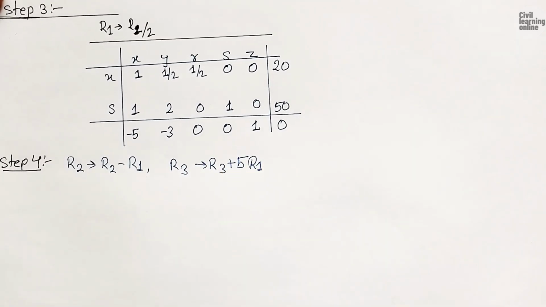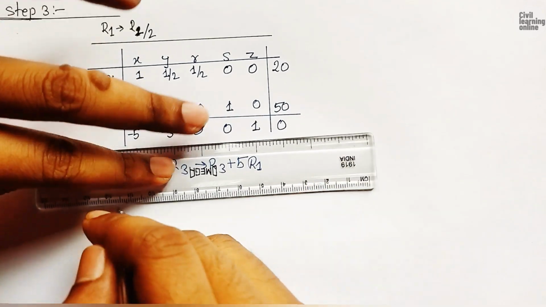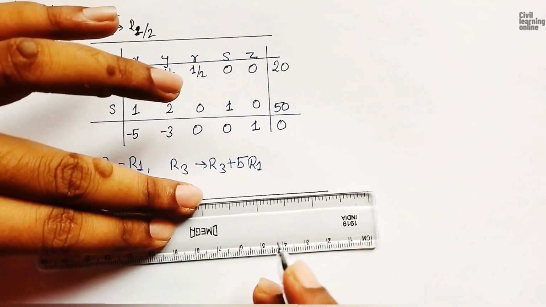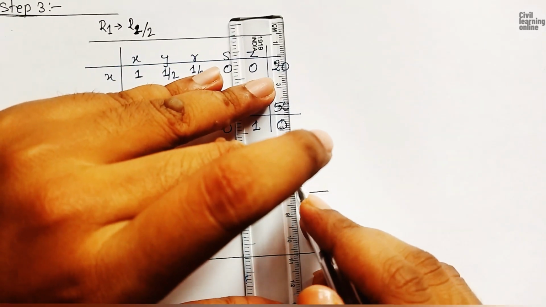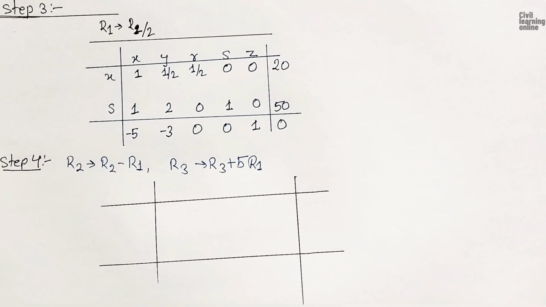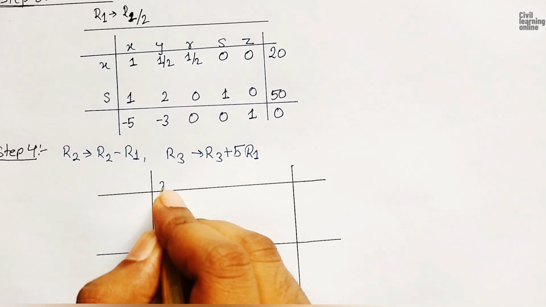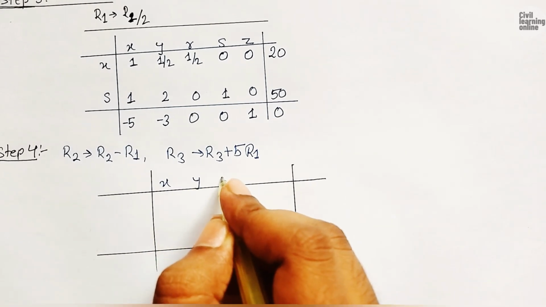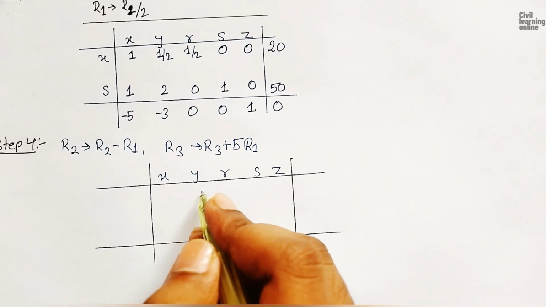Now see how we are going to do this. Rewrite as it is. So we have x, y, r, s, z, and we are doing the operation on R2.